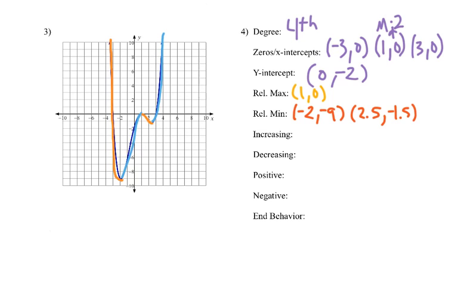The way I write that, decreasing, we start clear to the left, we call that negative infinity. So I start at negative infinity until I hit this minimum, which we called negative 2, and then it jumps up to that maximum, which was 1, until we hit that minimum, which was 2.5.